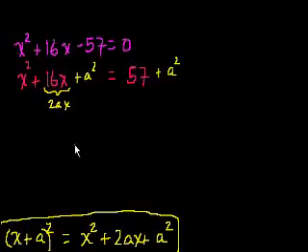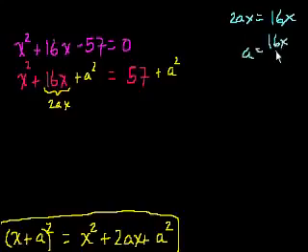Well, how do we do that? What is a? If this expression right here is 2ax, what is a? Well, 2a is going to equal 16. So a is equal to 8, and you could usually do that just by inspection, in your head. But if you wanted to see it done algebraically, you could write 2ax is equal to 16x, and then divide both sides by 2x, and you get a is equal to 16x over 2x.